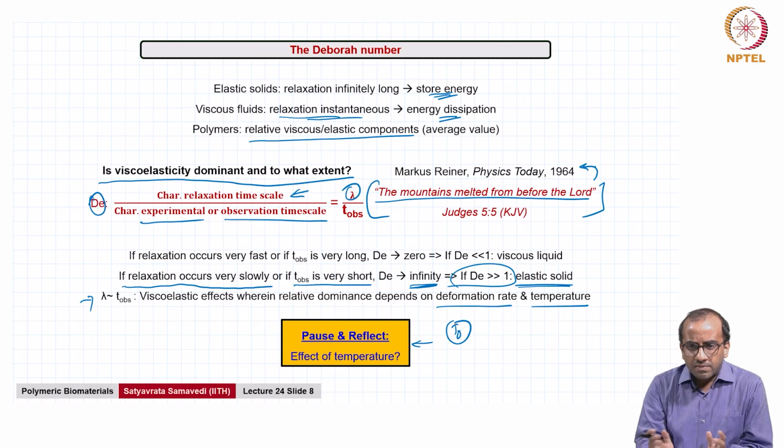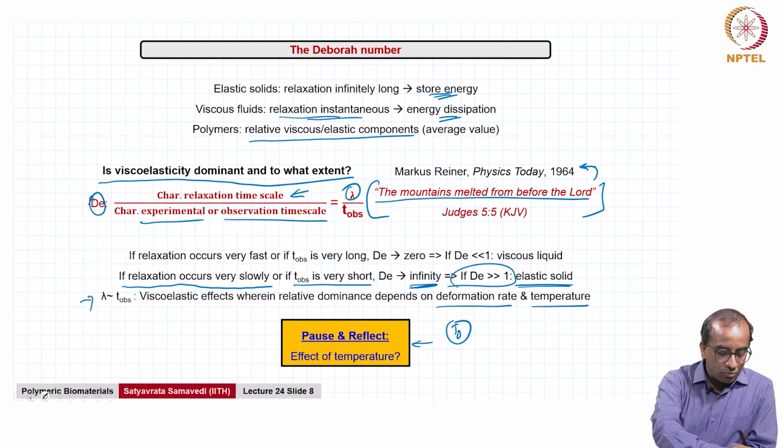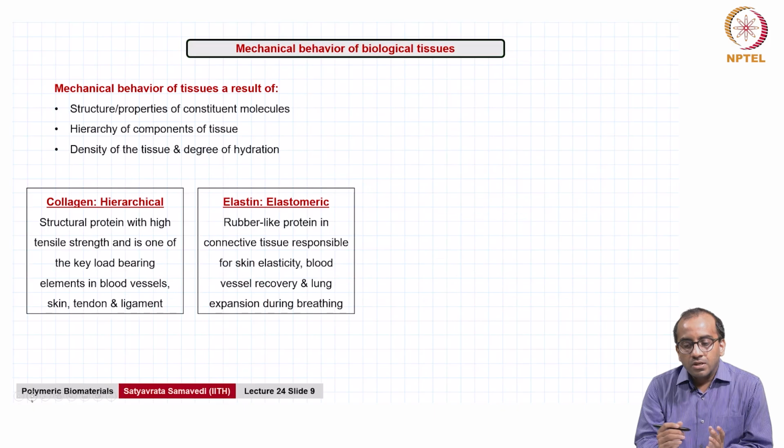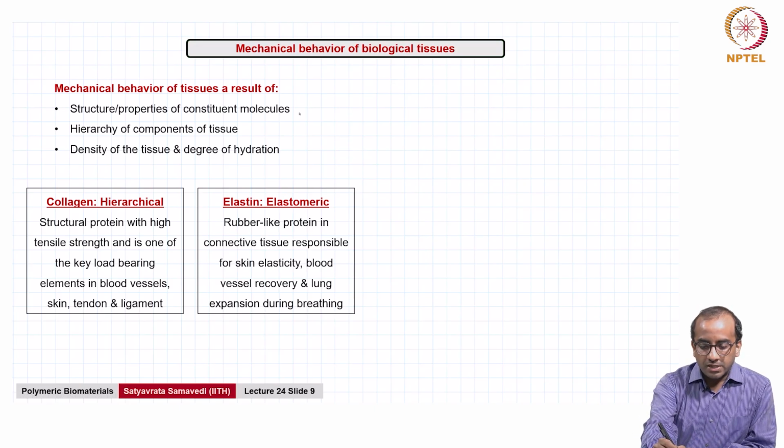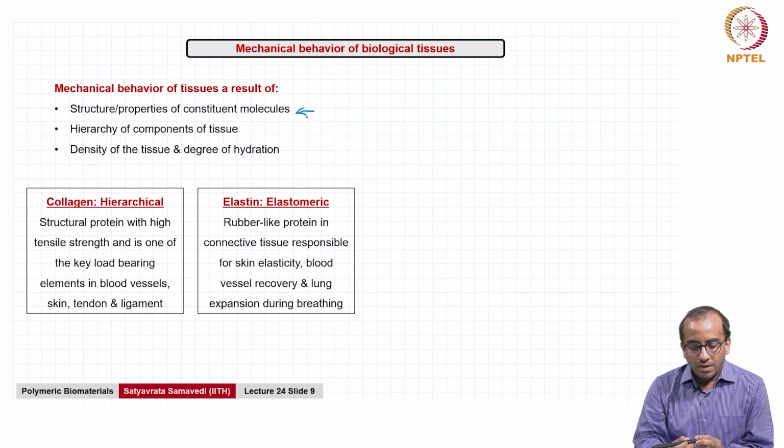Now that we have a reasonably good understanding of viscoelasticity, we will now try to see, in the remaining time that we have, how to contextualize all of this for biological tissues and biomaterials. We'll first note that the mechanical behavior of most tissues is a result of the structure and properties of the constituent molecules, some of which we have looked at in quite some detail, and we will again revisit on this slide.